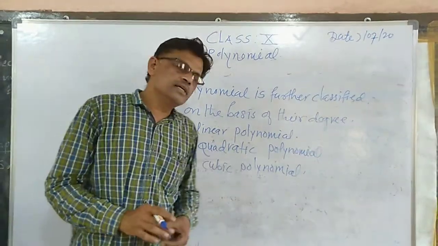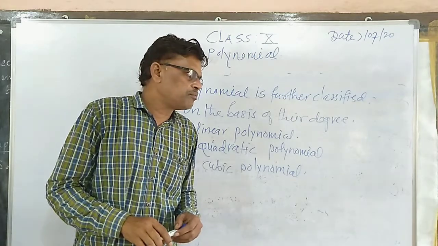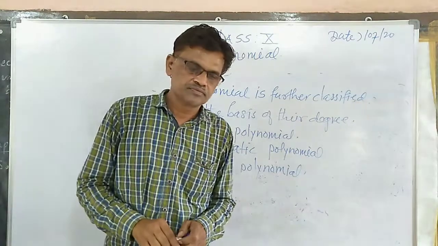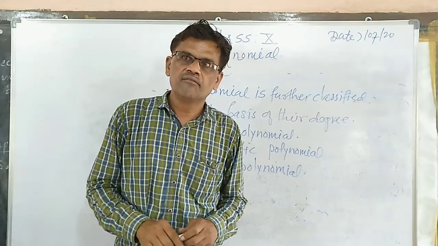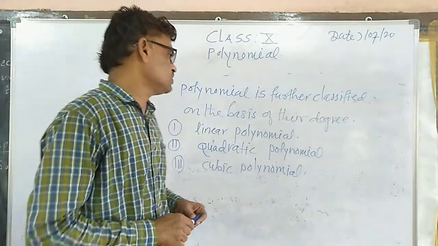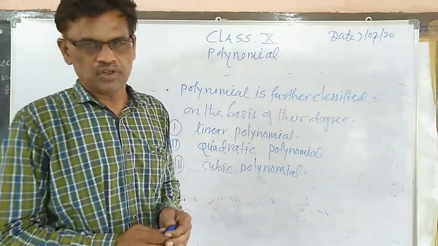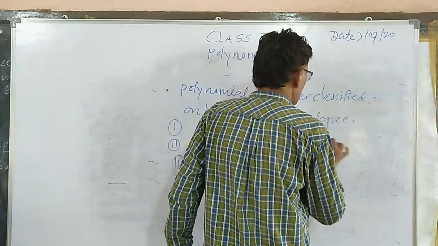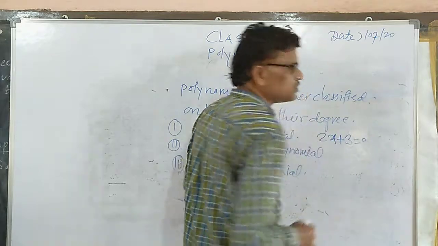Then what is a linear polynomial? A linear polynomial is a polynomial in which there is only one degree; that polynomial is called a linear polynomial. You see here an example of a linear polynomial: 2x plus 3 is equal to 0.